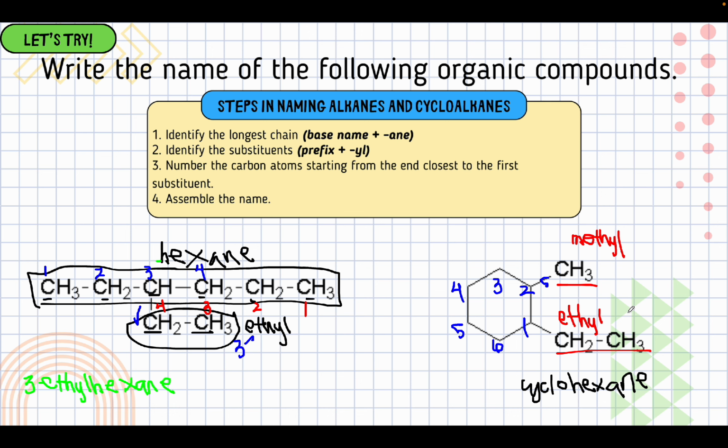Now let's assemble the name. Again, the names should be in alphabetical order, so ethyl should come first, followed by methyl. So the name would be 1-ethyl-5-methyl. So the name is 1-ethyl-5-methylcyclohexane.